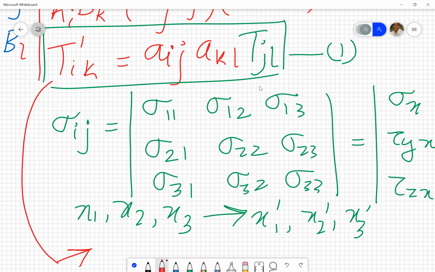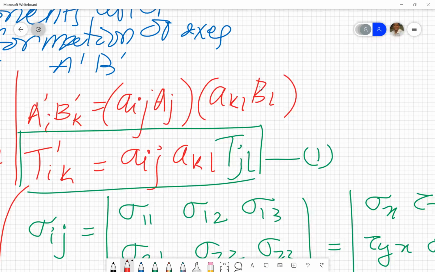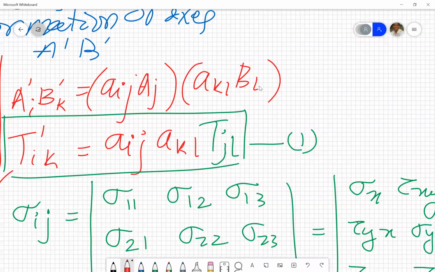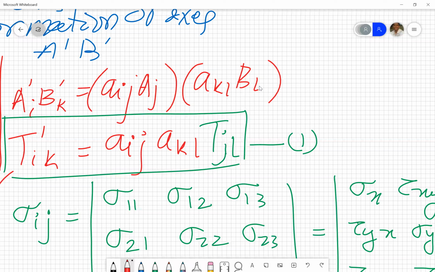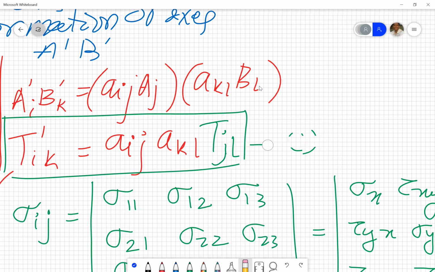I'm going to write in the upper part of this equation, on the same line, which will be better for you to understand. If you are writing the transformation of stresses, what is the format of writing it?